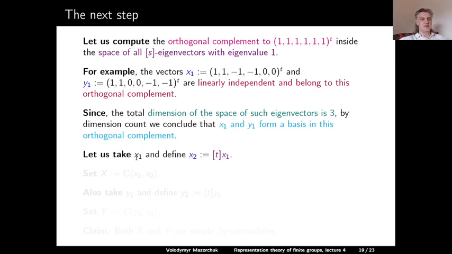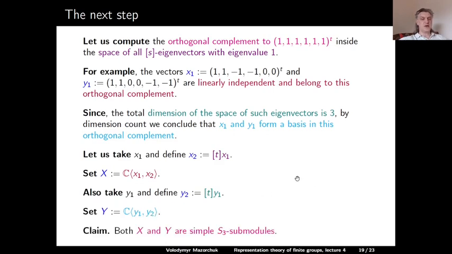So let us take x1 and define x2 as the image of x1 under T. Let X be the linear span of x1 and x2. Similarly, take y1, define y2 as the image of y1 under T, and define capital Y as the linear span of y1 and y2.